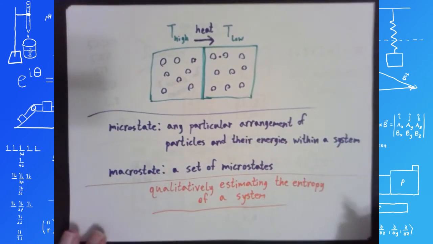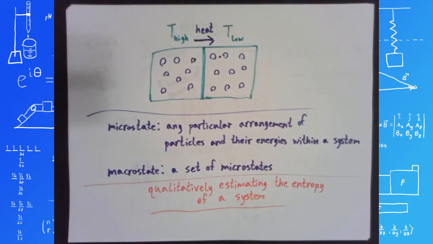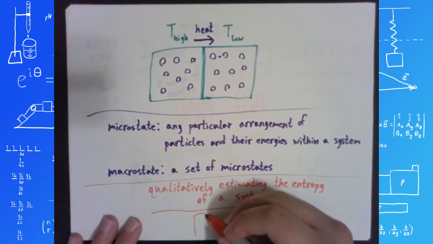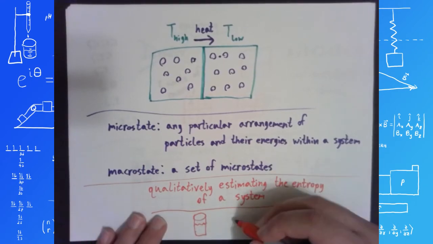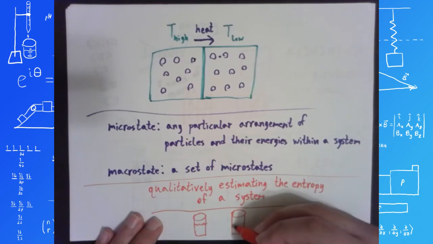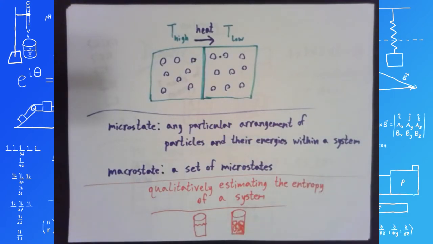Which system has more entropy: a glass of water, or a glass full of crushed ice? So here's a bunch of ice chunks, or my best attempt at drawing ice chunks anyway. Which of those two is likely to have a higher amount of entropy?